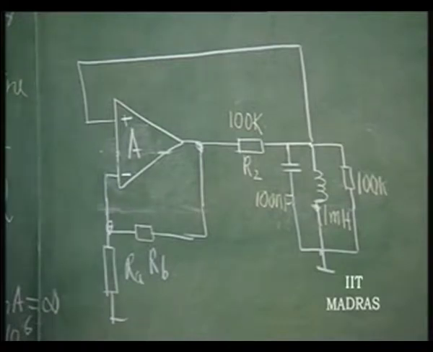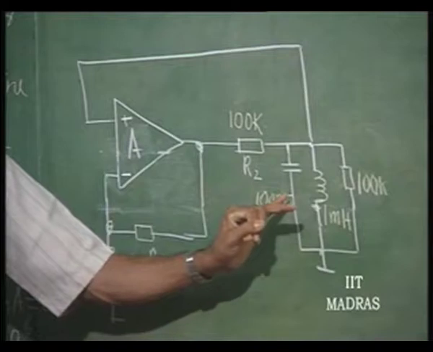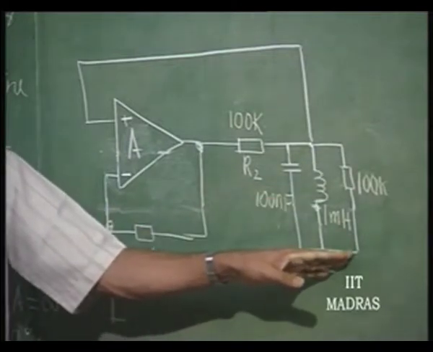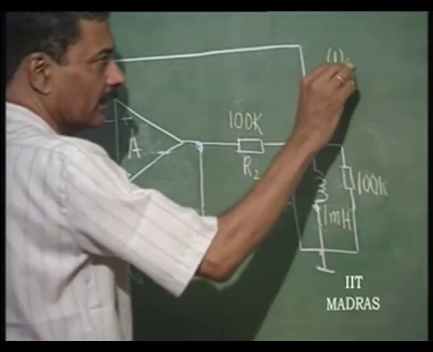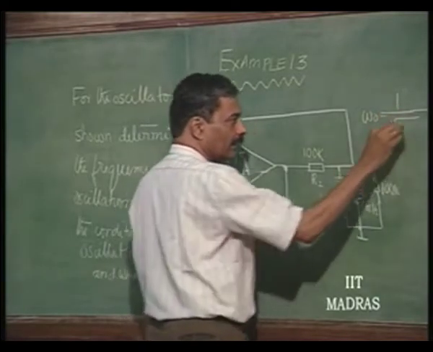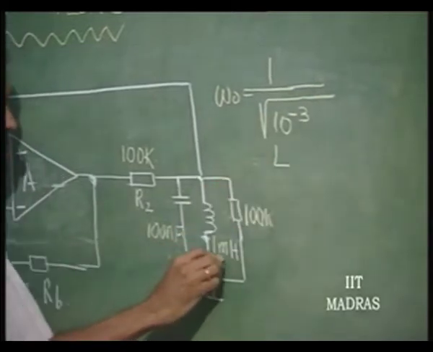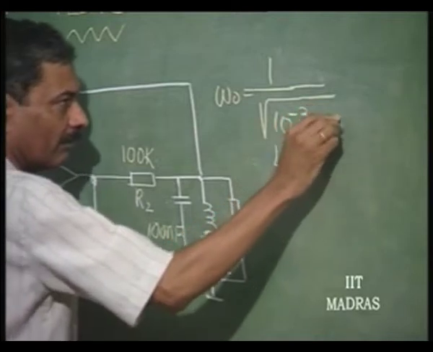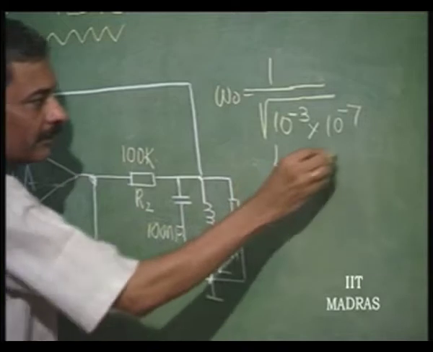Ultimately, at resonance, this LC network will act as a pure resistance 100K, and that frequency omega naught is going to be 1 over root L into C. L is 10 to power minus 3. This is the value of L, and C is 10 to power minus 7, 100 nanofarads. So, that is C.